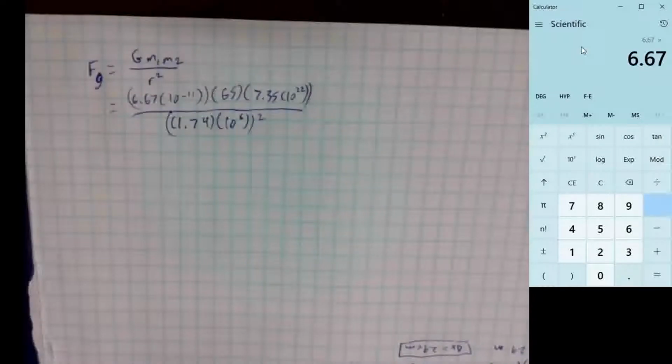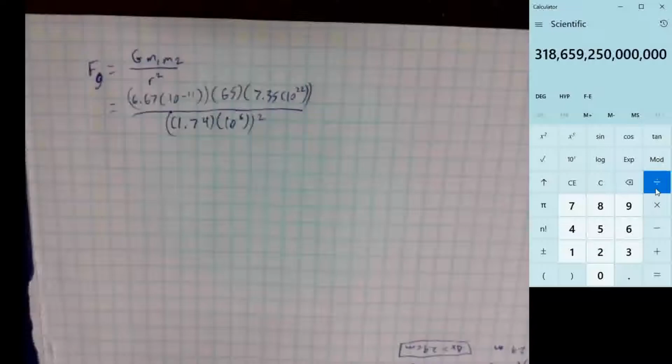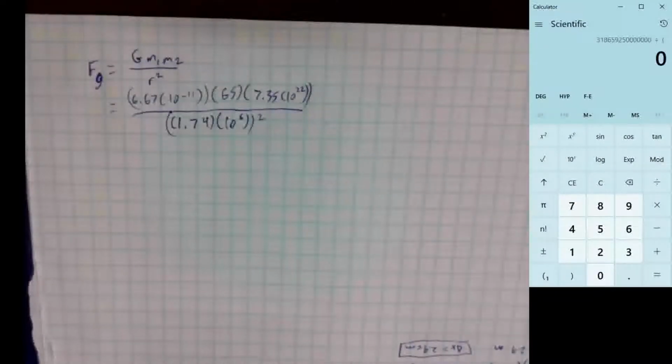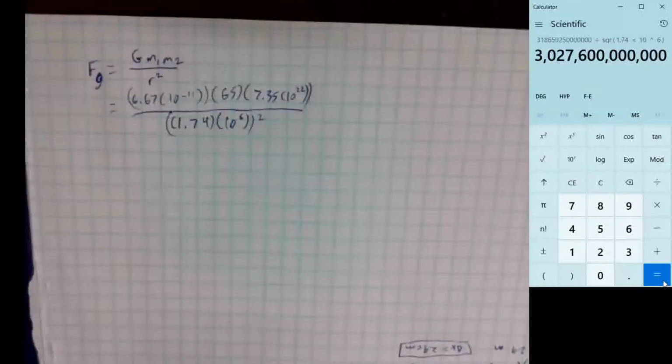So 6.67 times 10 to the power of negative 11 times 65 times 7.35 times 10 to the power of 22 is our numerator. It's going to be a very large number. Now we have to divide it by another very large number, which is 1.74 times 10 to the power of 6 squared.